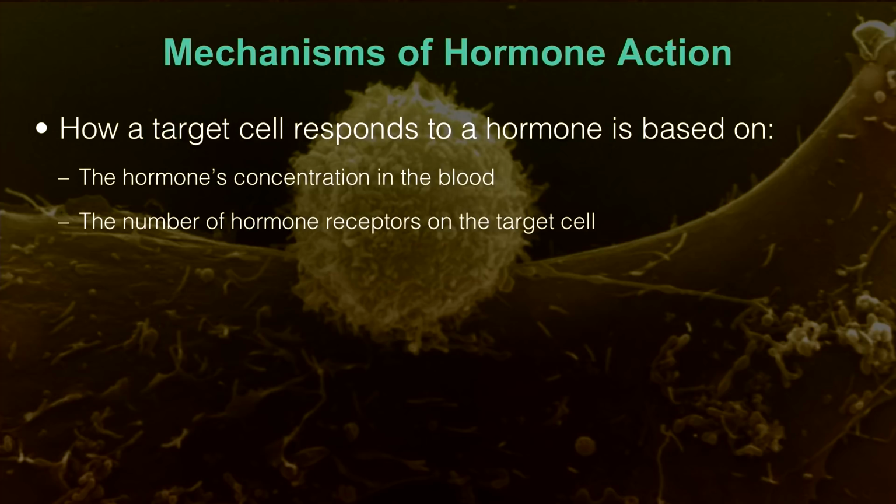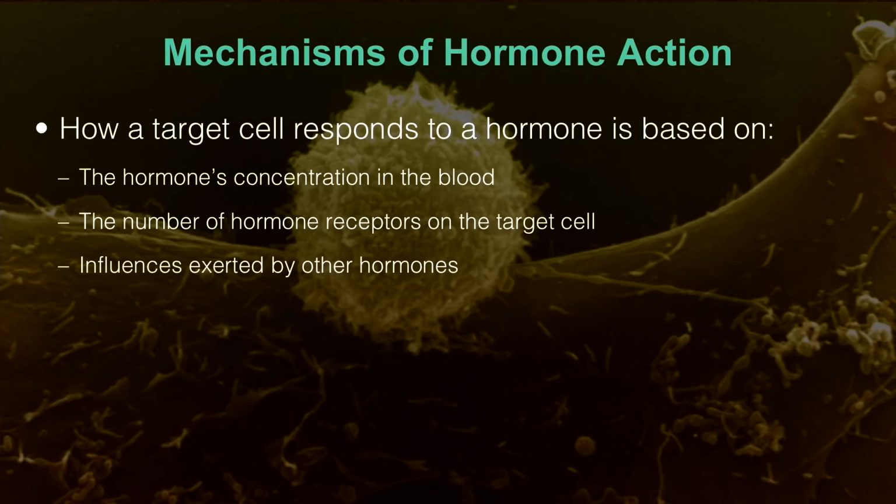The signal can be changed or altered if there is more or less receptor. The cell can be more or less sensitive to the circulating hormones, more ready for that change in activity. Sometimes, whether the signal is transmitted depends on when other hormones are present.